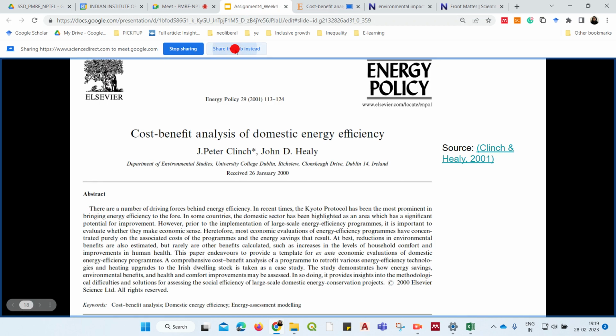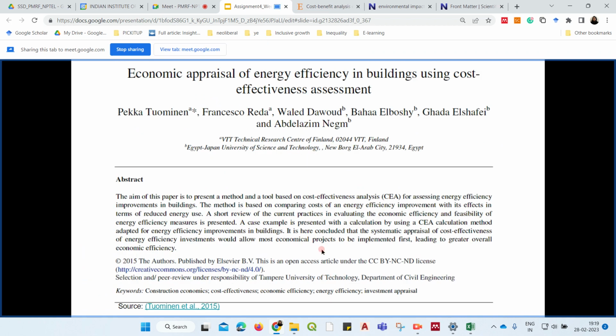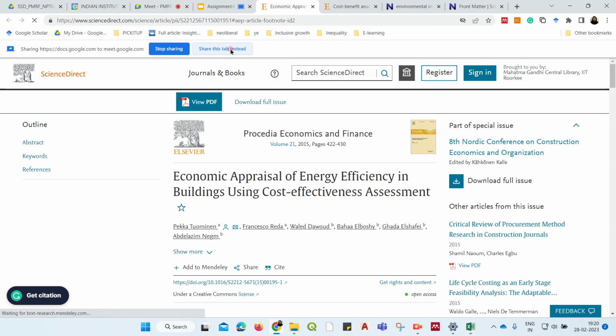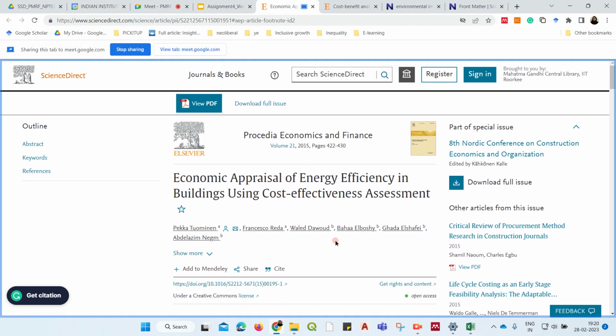Another study which I have linked is an economic appraisal of energy efficiency in buildings using cost effective assessment. So this again is a study, and I have linked this as well. You can just click on this link and go to it.